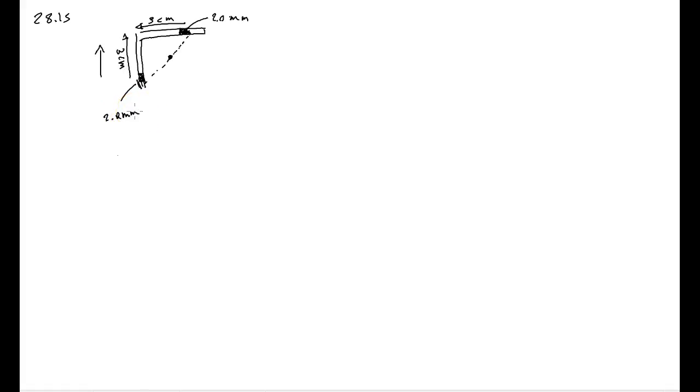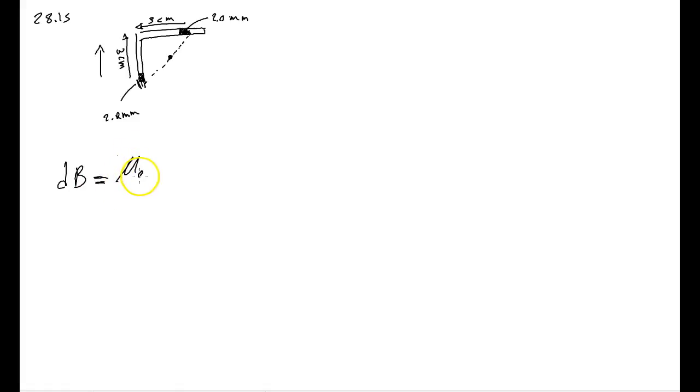So it's saying find the magnitude and direction of the magnetic field these two segments produce at point P. It didn't say a long wire, so we're just going to do dB, since it didn't say that it was long.